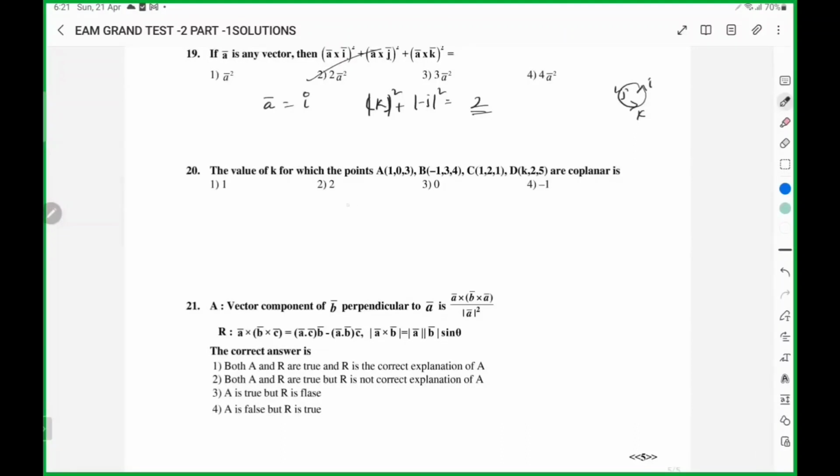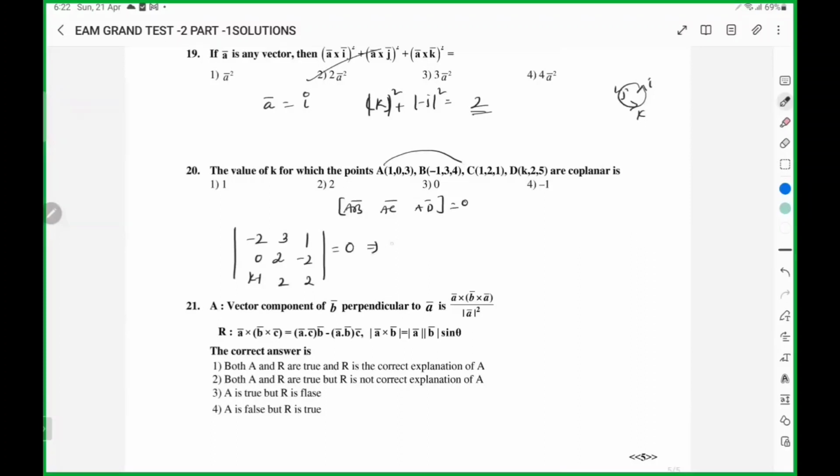Once these are coplanar, the box product of AB, AC, AD is 0. AB means OB minus OA: 3 minus 0, 4 minus 3. AC will be 1 minus 1, 2 minus 0, and AD: k minus 1, 2 minus 0, 5 minus 3, which is equal to 0.